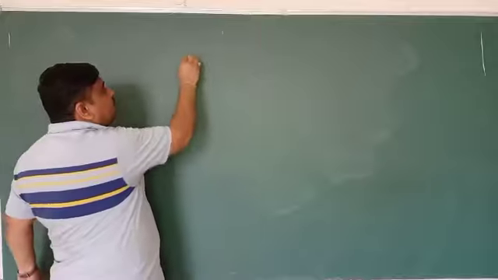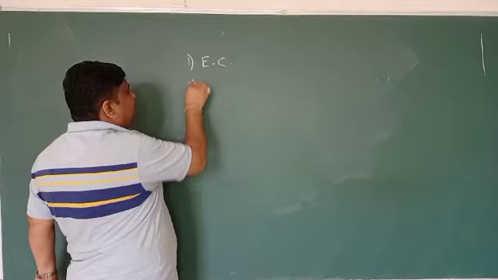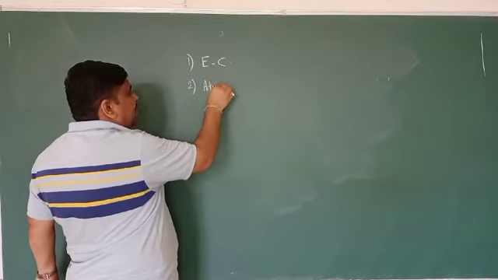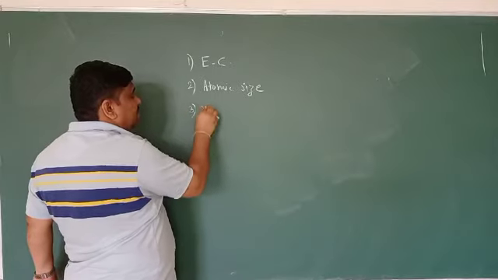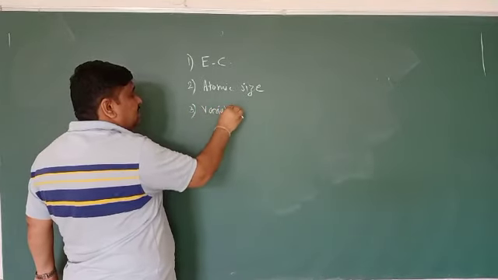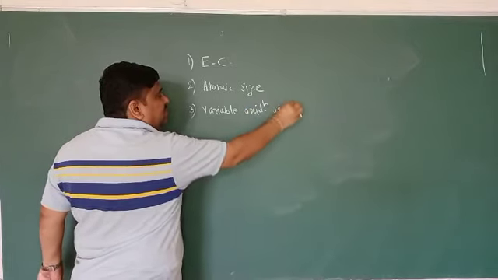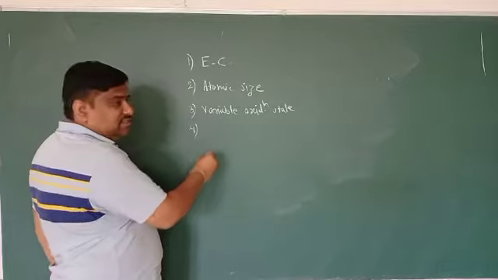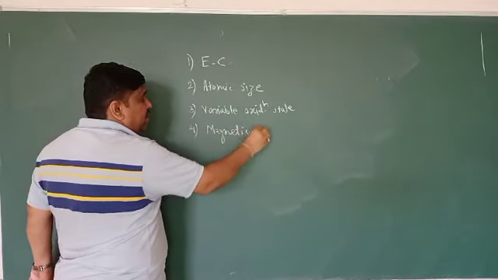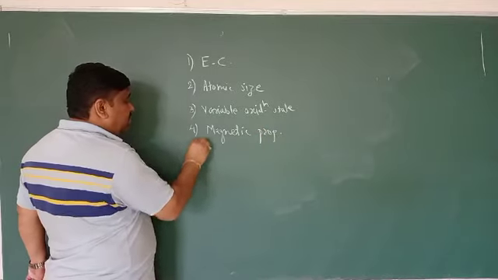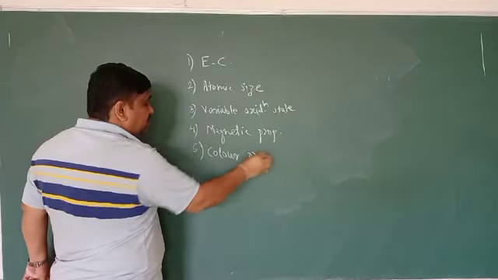Look here. First we have discussed electron configuration. Second, atomic size. Third, variable oxidation state. Fourth, magnetic property. Fifth, color property.